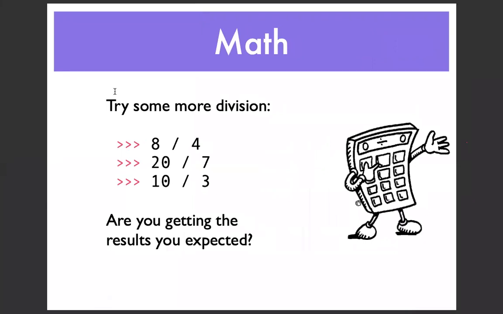Python is a very simple language where a human can easily understand what it means. Like you all know what 8 by 4 means, it's 2. 10 by 3 is 3.33333. So it depends what kind of problem you are giving to your system.